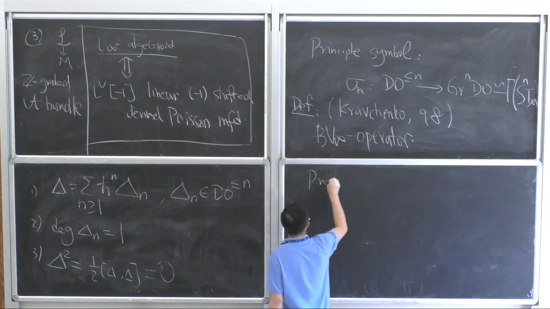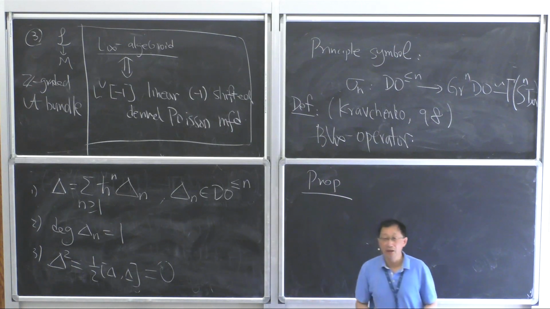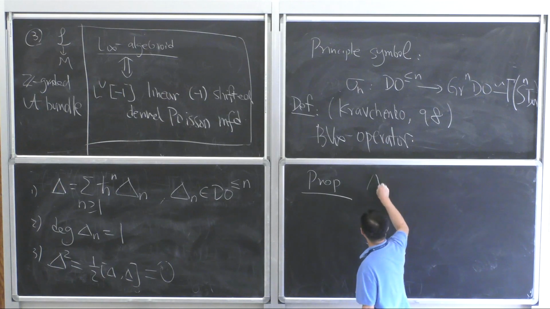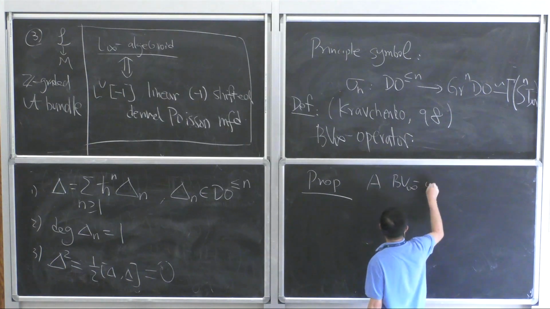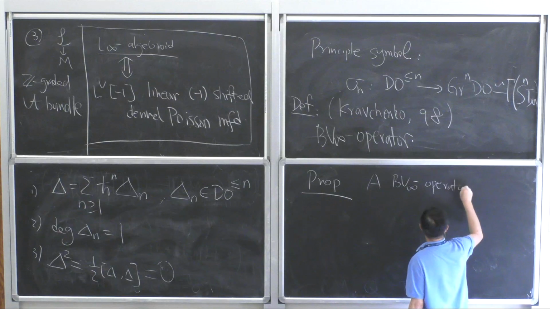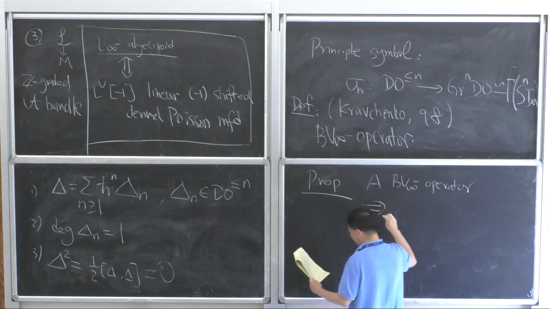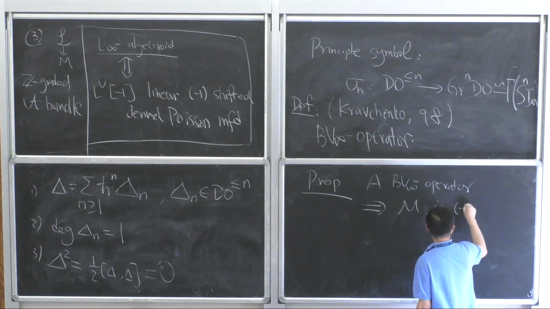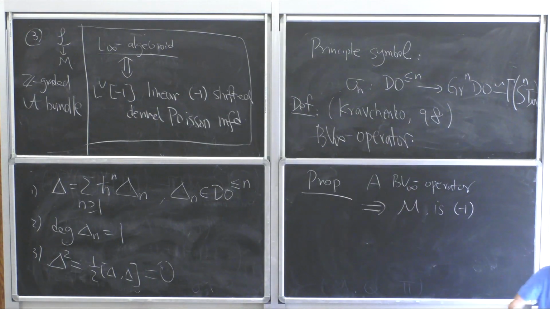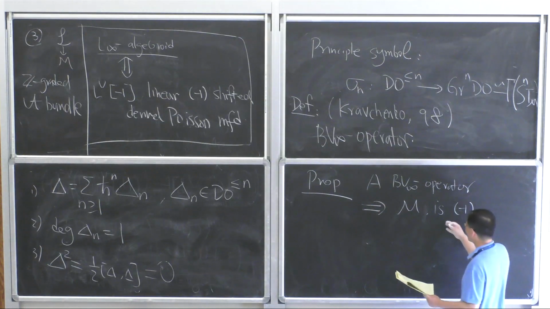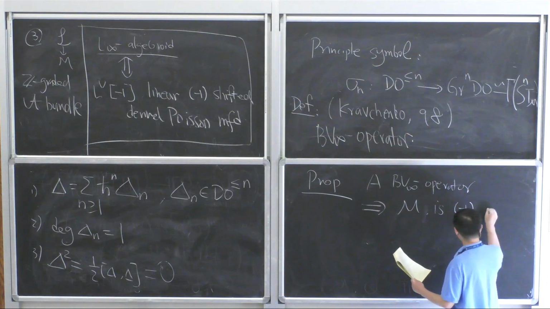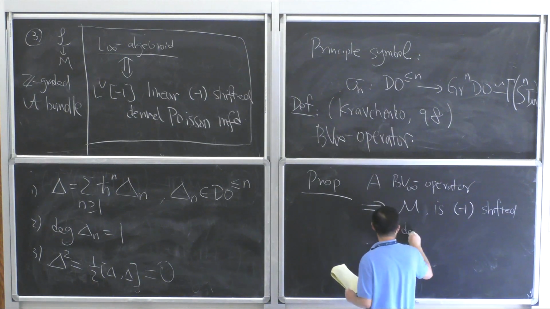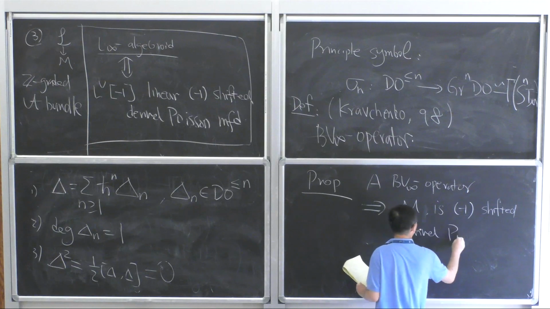So a proposition, which I think is due to Olga Kravchenko. I think she basically proved that a BV infinity operator generates a basic M, which in modern terminology is a minus 1 shifted derived Poisson structure.